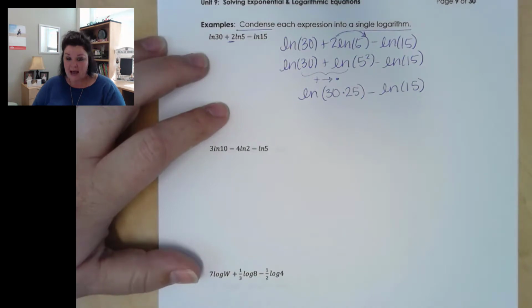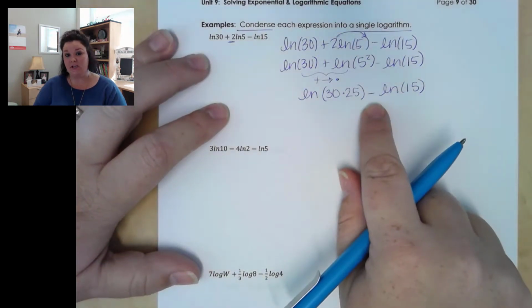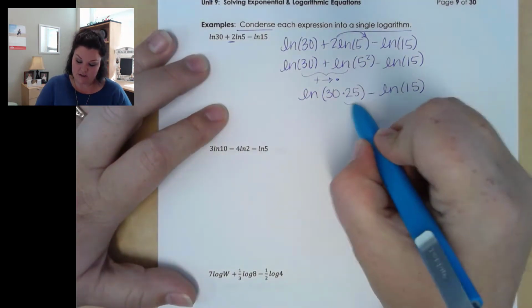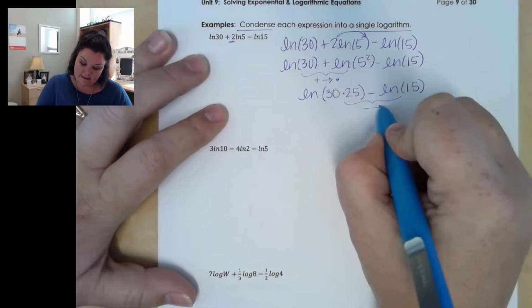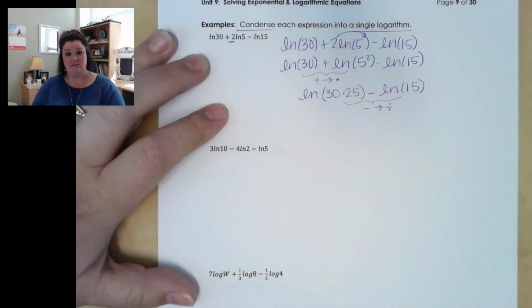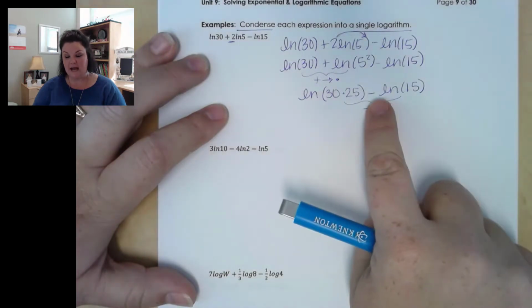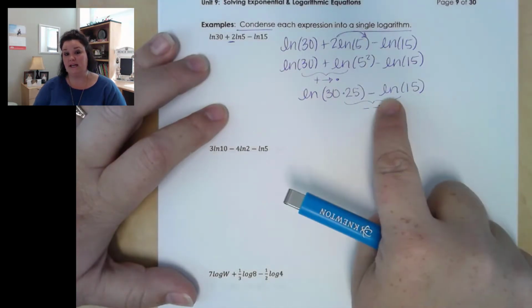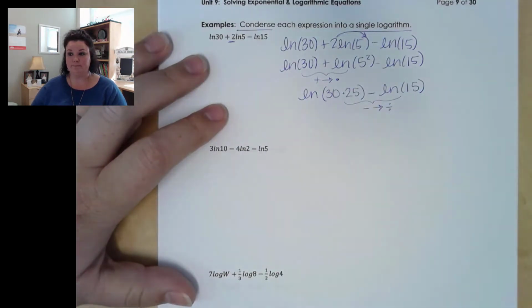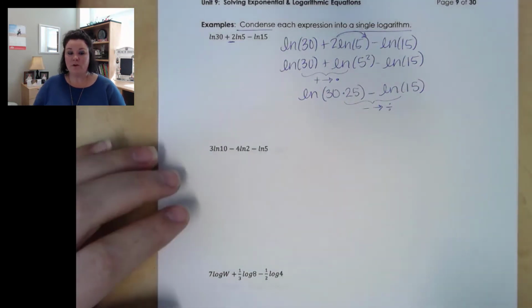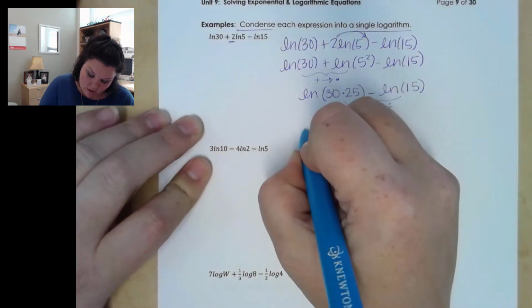Okay, now I have a subtraction. So subtraction, remember, condenses to a division, and the term that's being subtracted is the term that's going to end up on the bottom. So I'm going to rewrite this as one log term.